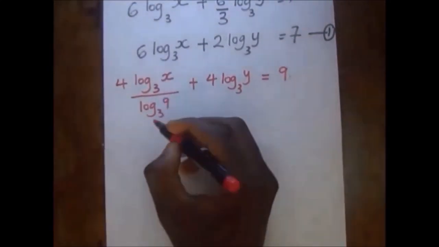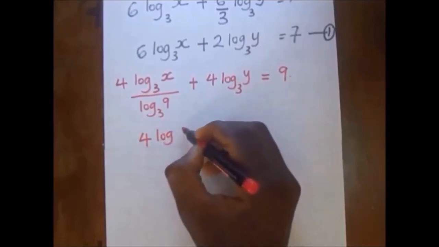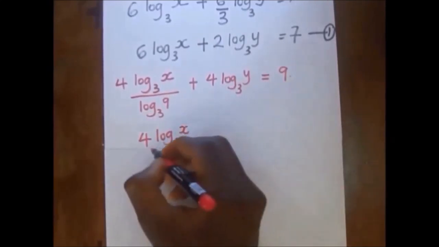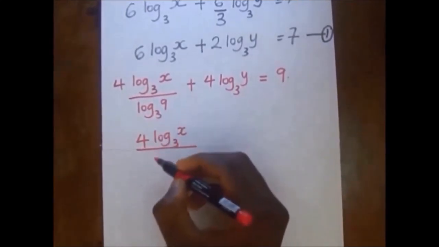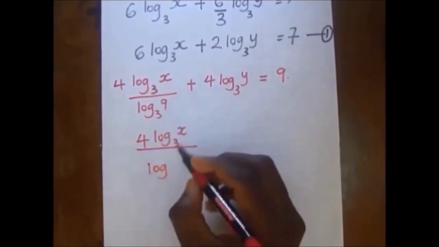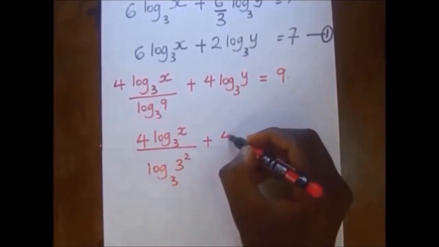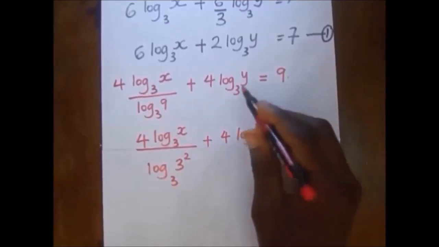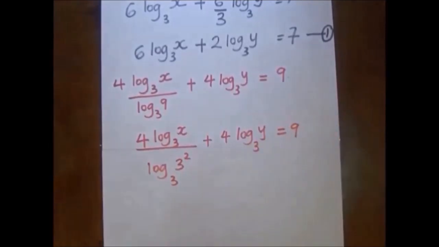So we proceed and say this is going to become 4 log x base 3, divided by log of 9, which is 3 squared, so it's log of 3 squared base 3, plus 4 the log of y base 3 is equal to 9.